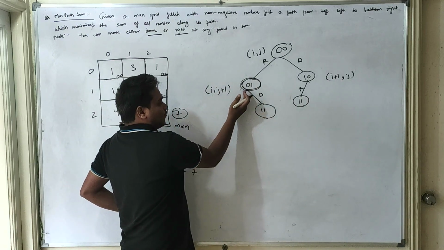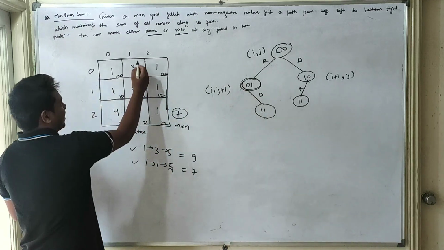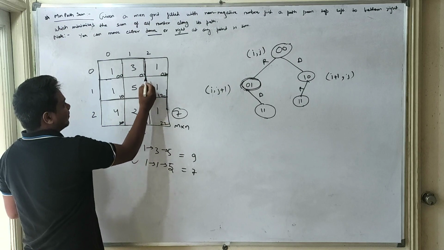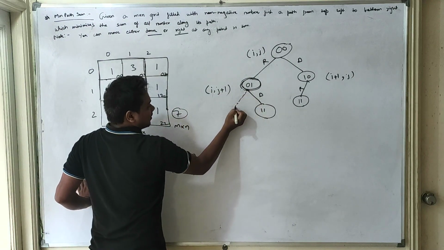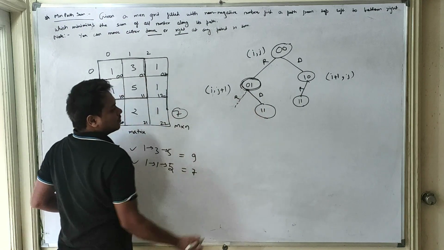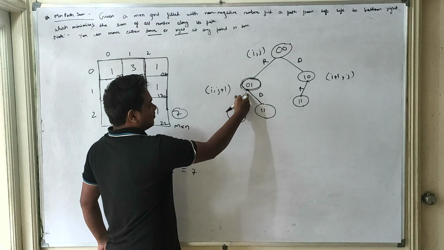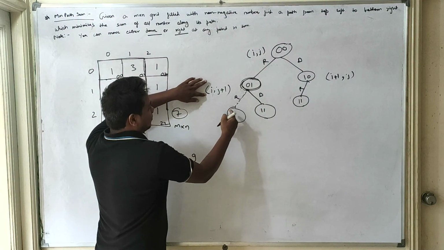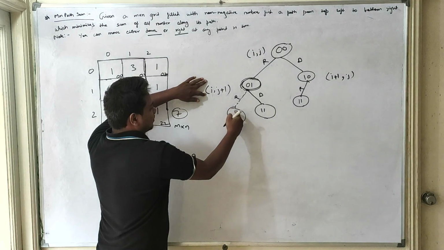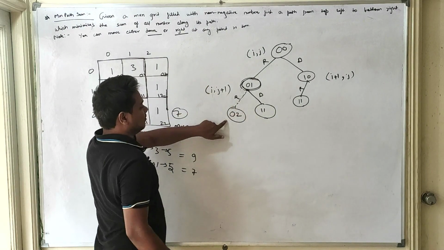But what about the boundary case? Suppose from 0 1, if we were allowed to go to the right side, then we would keep i constant, so that would be 0, and we would increment j, so it will become 0 2.